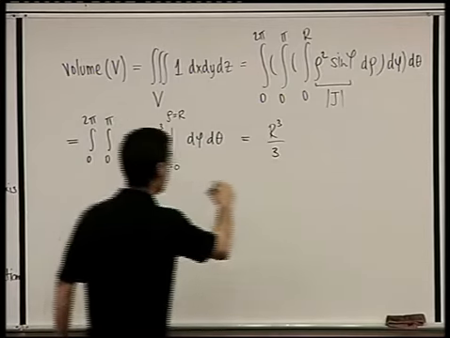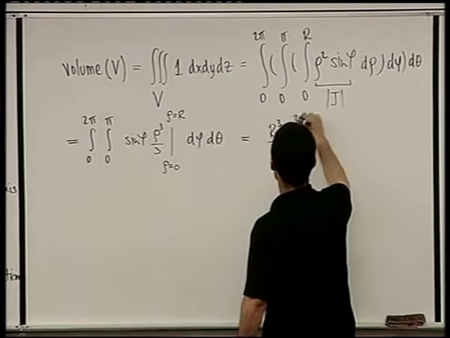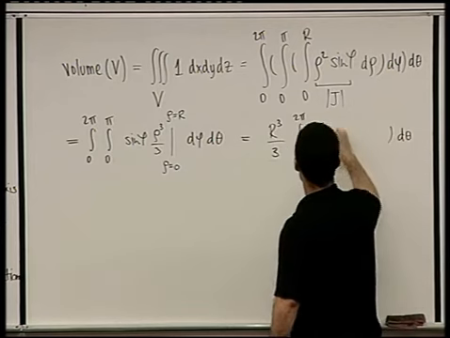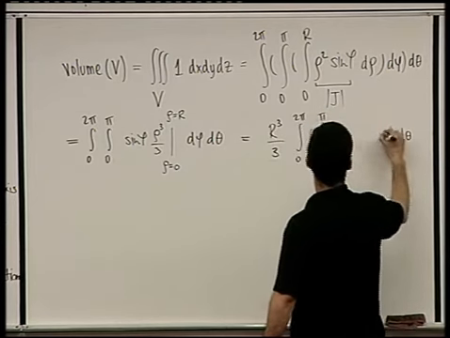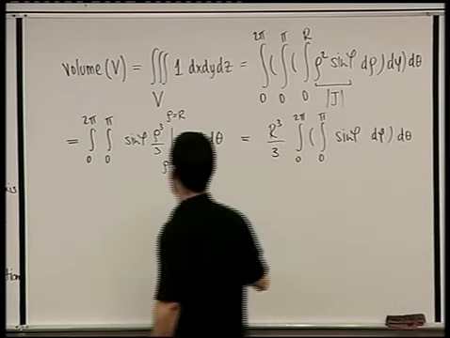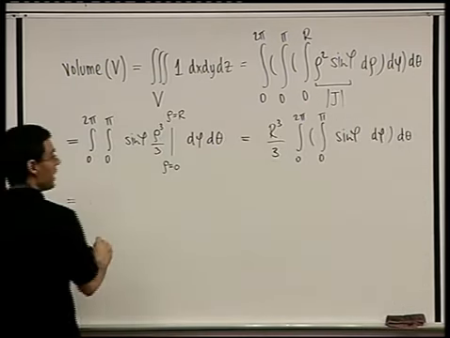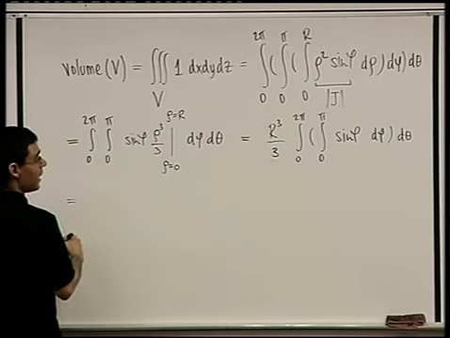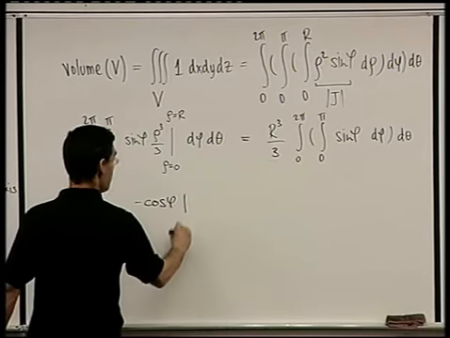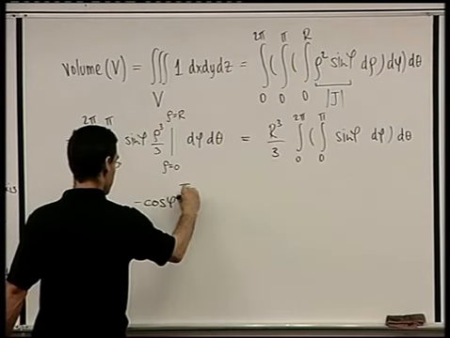And then I have here the integral from 0 to 2 pi d theta of the integral from 0 to pi d phi. And all I have here is sine phi. The antiderivative of sine phi is minus cosine of phi, evaluated between 0 and pi.